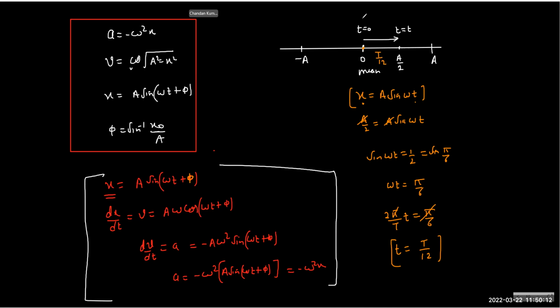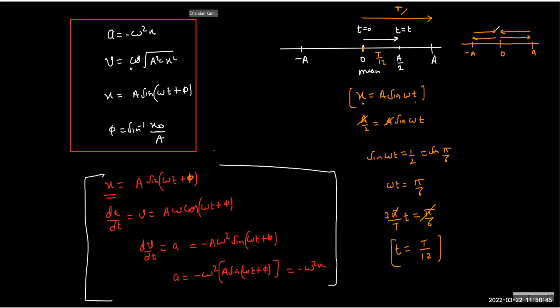And we all know how much time you will take to go from here to here in terms of time period. T by 4. What is one oscillation? You go from mean to extreme, you come back, you go in the other direction, you come back, then that's called one oscillation.